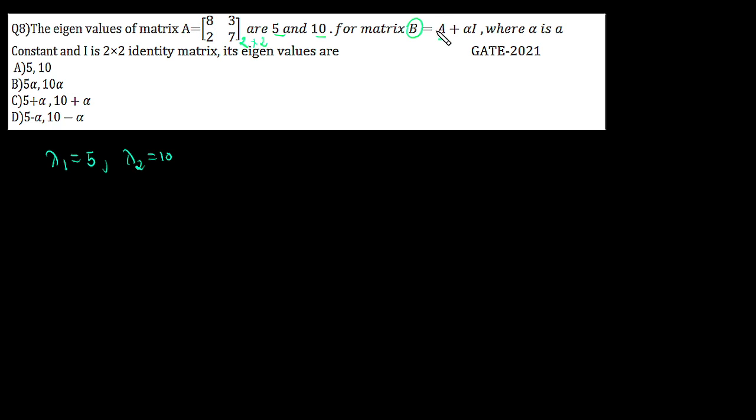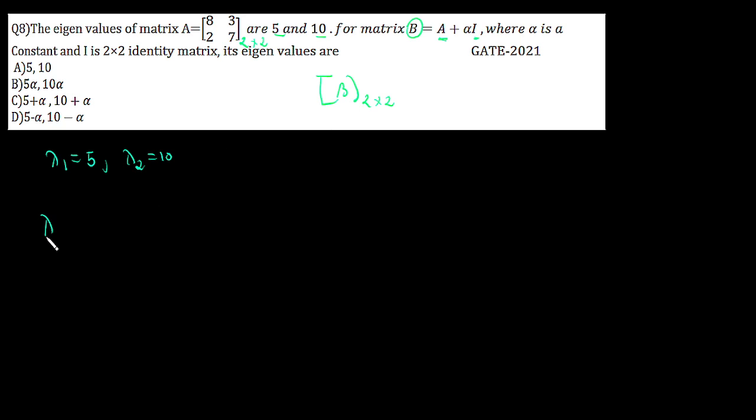So now simply we have to put this 5 here at the place of A, and second time we have to put this 10 at the place of A to find the two eigenvalues of this matrix B. Here this matrix B is also 2 cross 2, because this matrix A and the identity matrix are 2 cross 2. So after addition of those two matrices, again we are getting a matrix of second order, and they're asking about the eigenvalues of this matrix B.